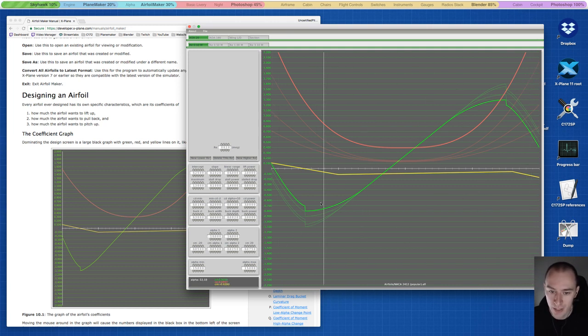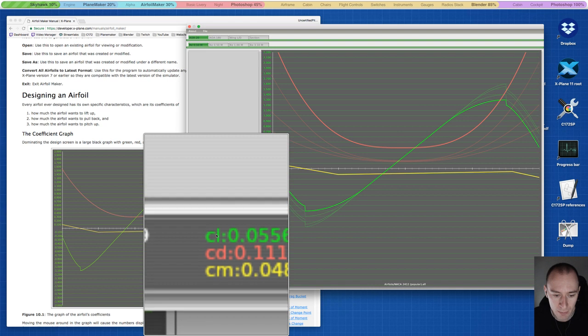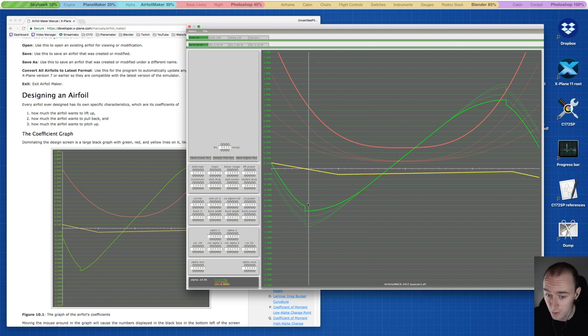Based off of that angle of attack, we can see how this particular airfoil performs. And that performance is described in terms of three different dimensions, those are the three lines. The first one is the green one. That is CL, that I already mentioned before when we were looking at the flaps in PlaneMaker. CL stands for, I don't know what the C is for, but this is lift. So this is some kind of lift coefficient.